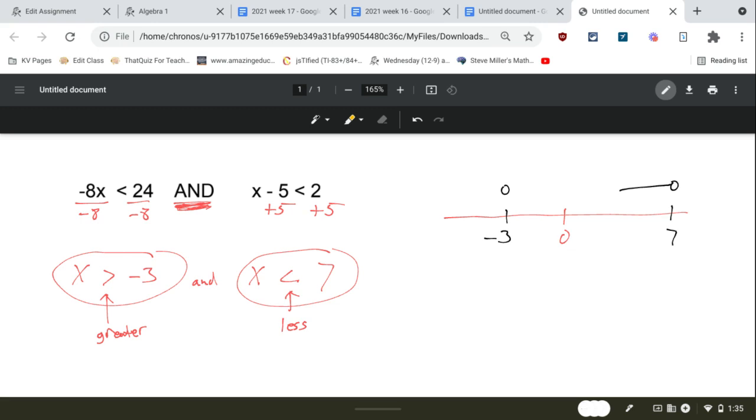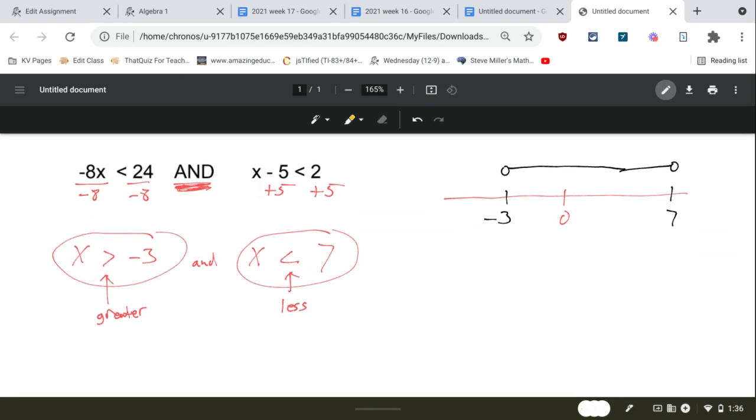And I want it to be greater than it, so I'm going to go to the right. And you'll see here that the two dots are connected whenever you have an and inequality. That's typically the way it's going to work out. Of course, there's exceptions, but in general, this is the way you do it. So you solve them both independently of the other, and then graph the solutions on the number line.